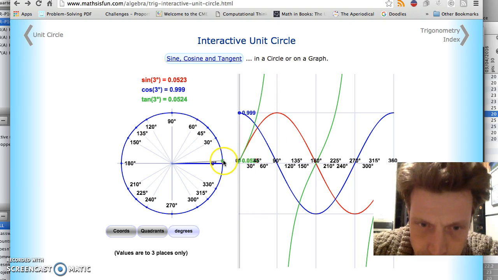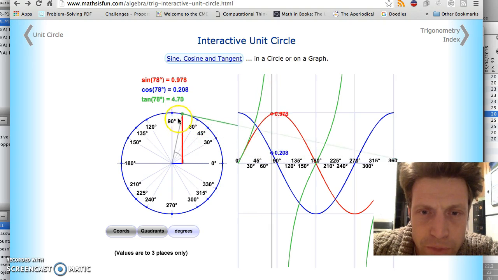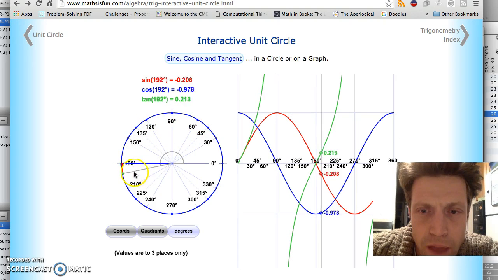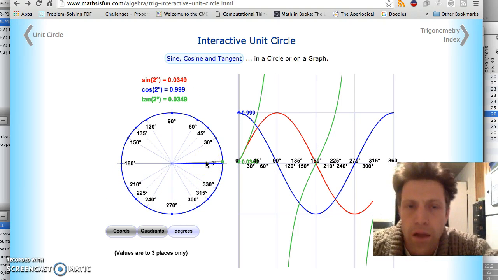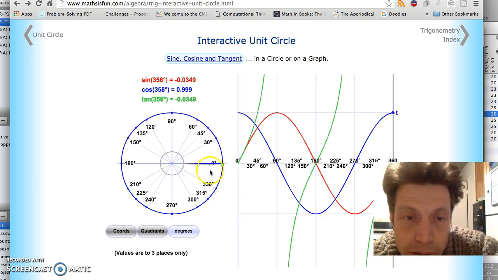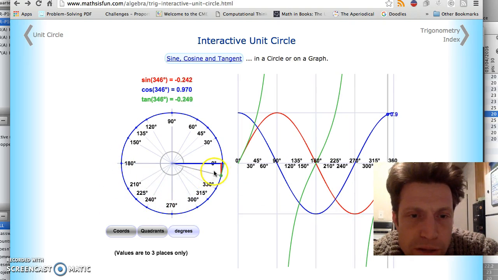As we go around the circle now, you see how that function goes up to 1, then down to 0, then down to -1, and then back up to 0. Kind of a perfect wave. And that goes from 0 to 90 to 180 to 270 to 360.